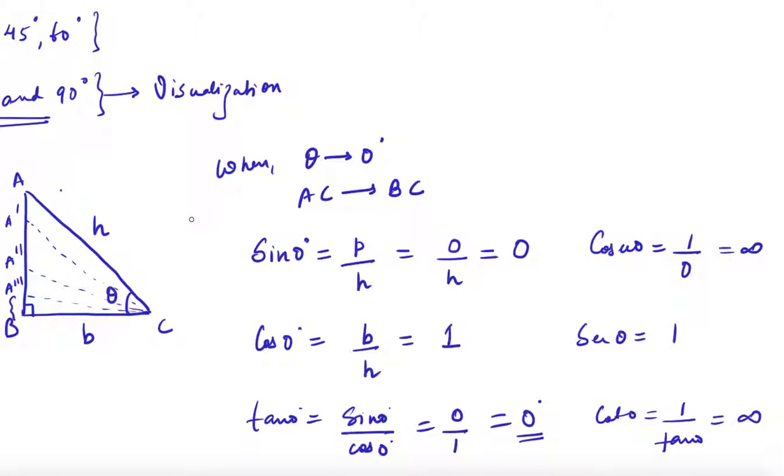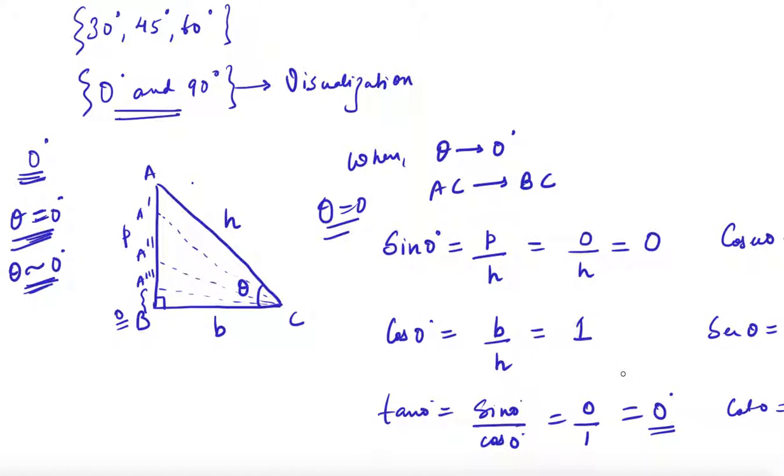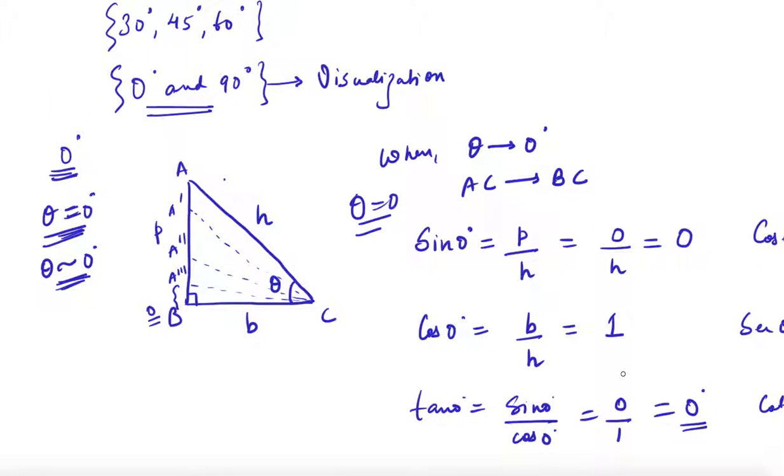Hence, for 0 degrees, that is when theta approaches 0, the values of the trigonometric ratios are: sine 0 is 0, cos 0 is 1, tan 0 is 0, and similarly cosec, sec and cot. So I hope how the derivation and the visualization were done is pretty clear to you.